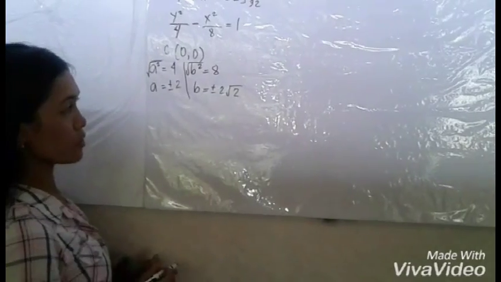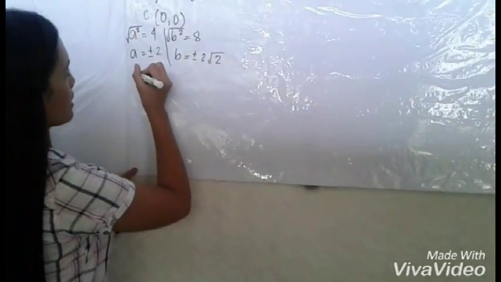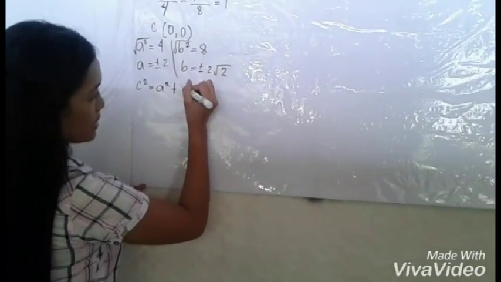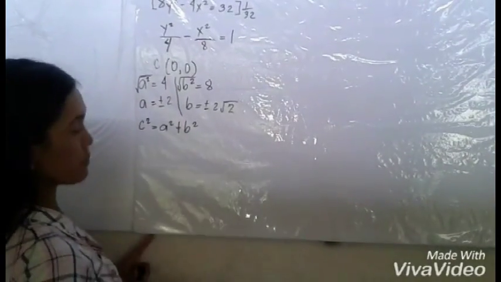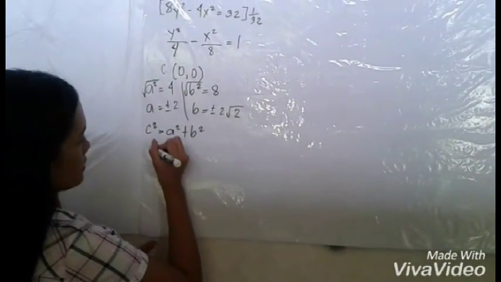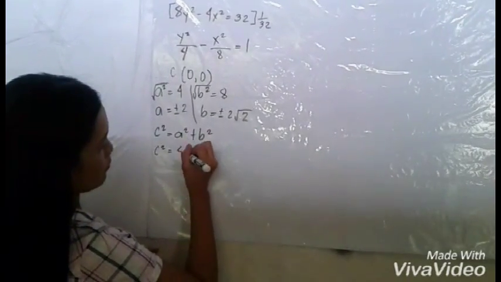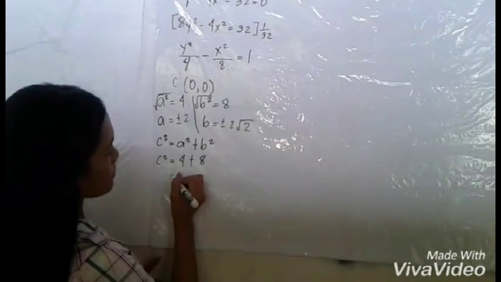To find our foci, we use the Pythagorean theorem: c squared is equal to a squared plus b squared. Substituting, c squared equals the value of a squared, which is 4, plus the value of b squared, which is 8.